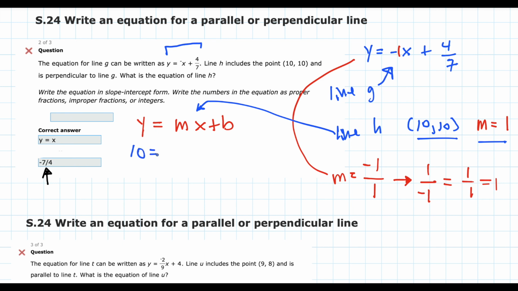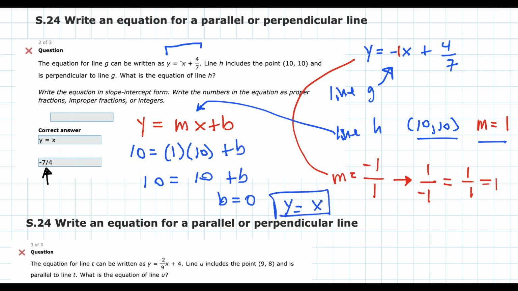What is m? 1. So 10 equals 1 times 10 plus b. Good. So b equals 0, and y equals x.